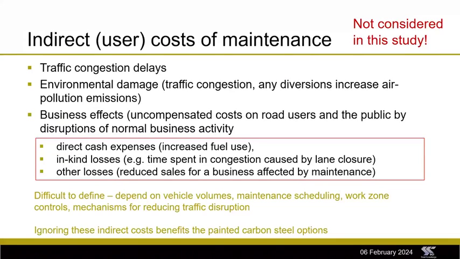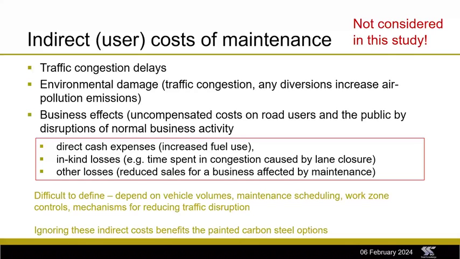We did not include indirect costs of maintenance. Now, these are very varied. They're difficult to define, and they can be enormous. For example, traffic congestion delays, environmental damage, business effects. They typically have to be inferred and monetized.